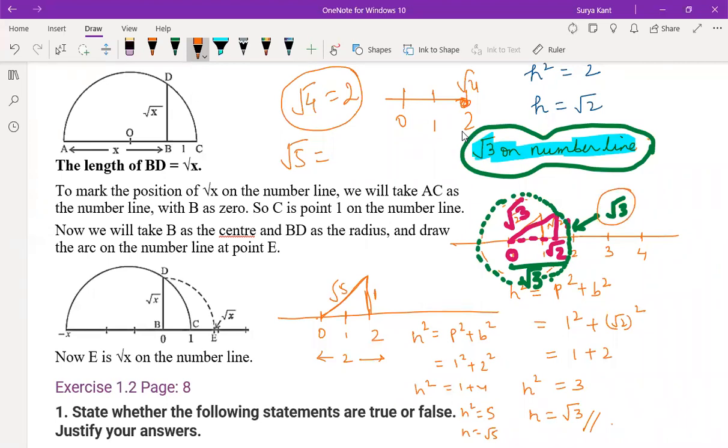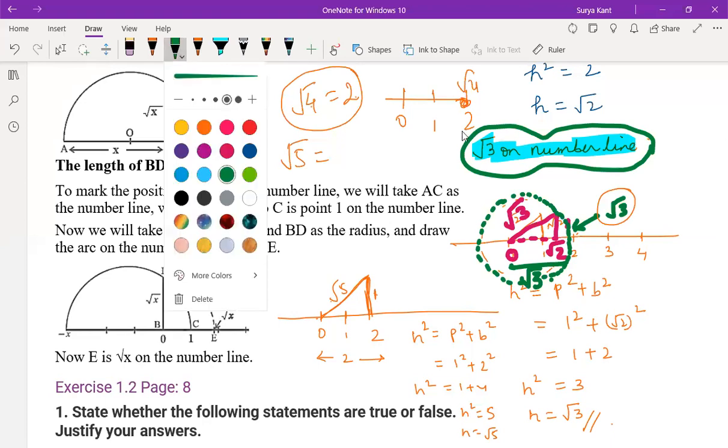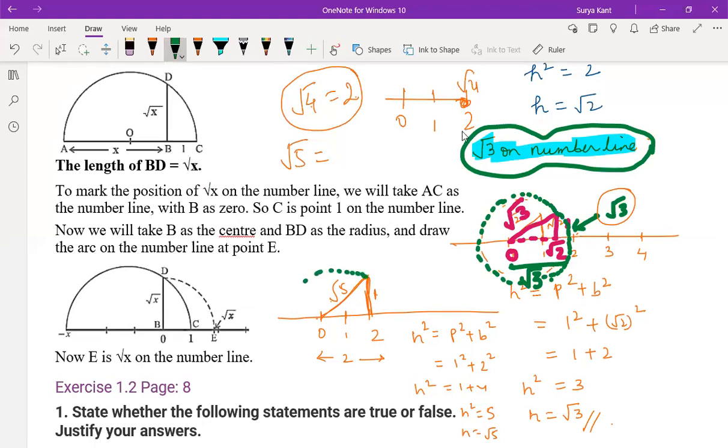Root 3 you did, then 2 you should get, then again root 4 you can do. Root 4 we are getting 2, right? So from 2 you just draw one line. This is 1 centimeter. So from this 1 centimeter, if you measure from the center to this point, you'll get root 5. So how will root 5 come on the number line? Just here, see. You can draw one circle over here, okay?